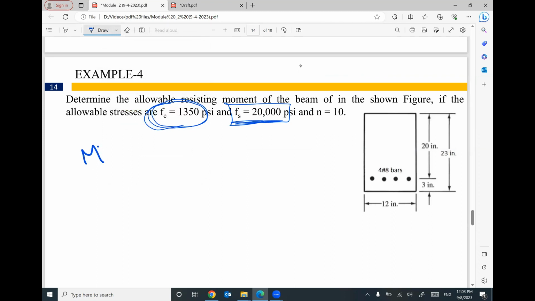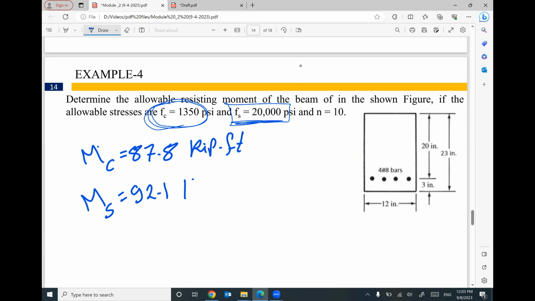So we have moment related to concrete, 87.8 kip foot, and we have moment related to steel, 92.1 kip foot. So guys, this cross section, the allowable stress for concrete 1,350 can support this moment according to concrete. And the allowable stress for steel is given 20,000 psi, and this allowable stress can give you a moment related to steel, 92.1.